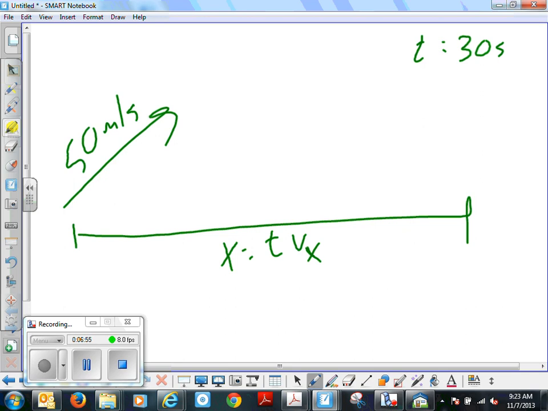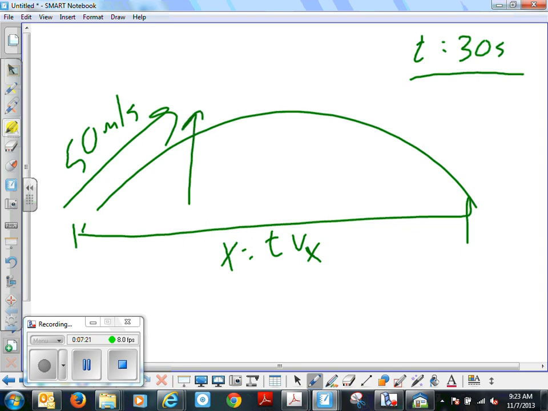Do I have velocity in the x or velocity in the y? Which one can I find right away? The y, right? So I know it takes half the time to go up, half the time to go down. Or, is there another way to do that? Well, there is another way to do that. I won't show it right now, I guess.